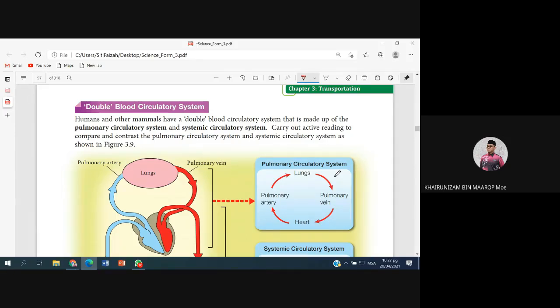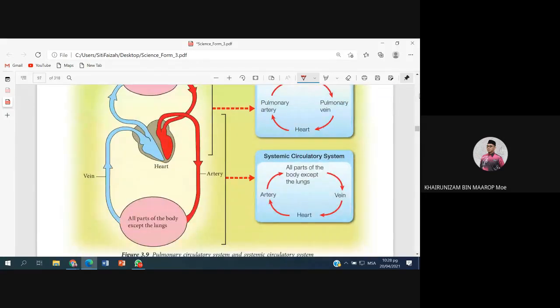Actually you learned before this about the structure and function of the blood circulatory system in mammals and birds. Why do we call it the double blood circulatory system? Because it is made up of the pulmonary circulatory system and the systemic circulatory system.